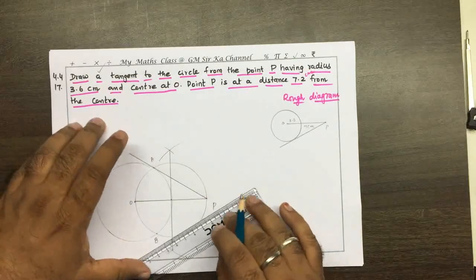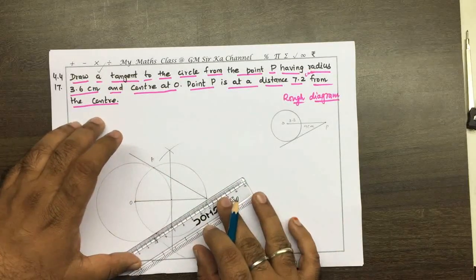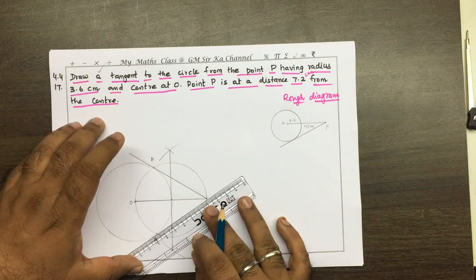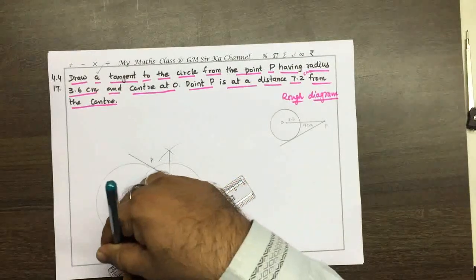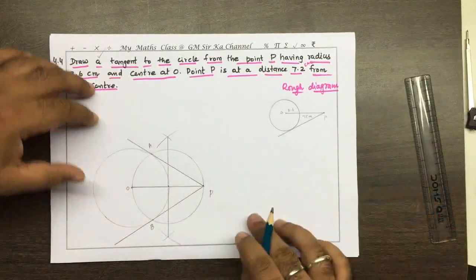So PA is a tangent, and PB is another tangent.